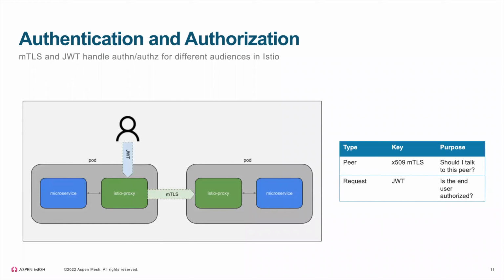So the client will initiate a TLS handshake with the server, which will in turn do another TLS handshake with the client. Within that TLS connection, there is identity based on usually a service account, and also an authorization process to make sure that one service can talk to another.